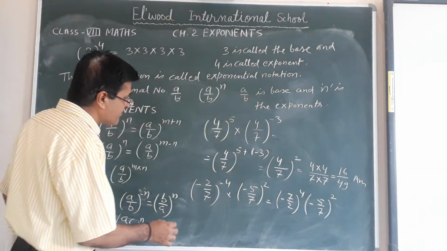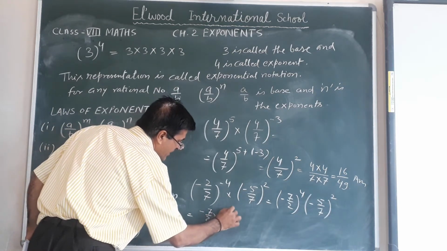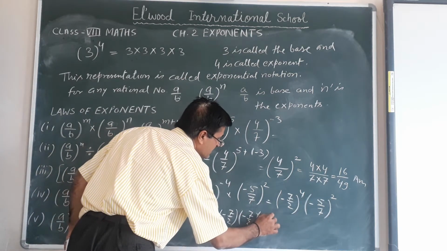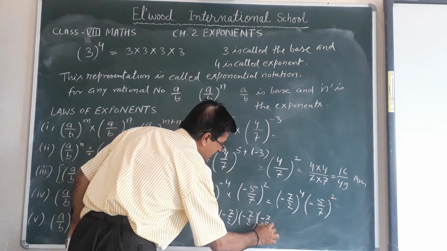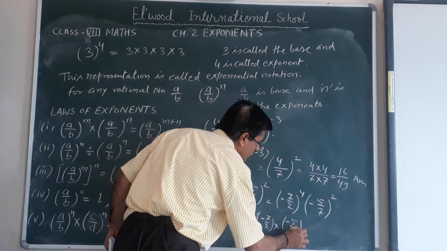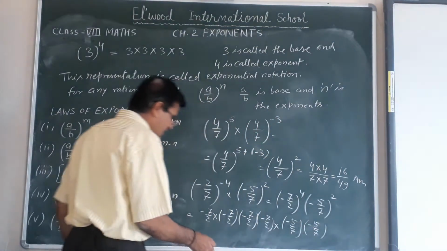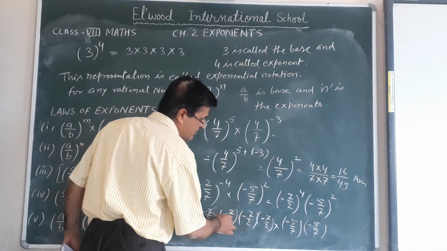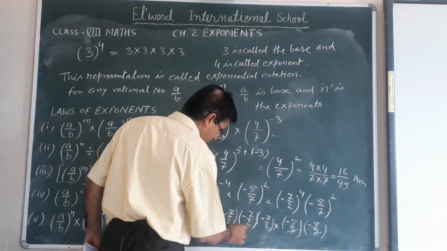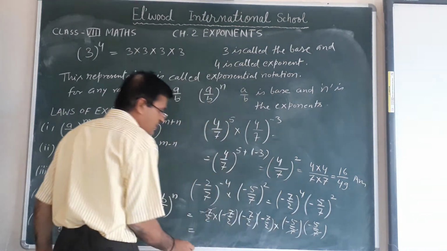So I will simply write 4 times minus 7 by 2, minus 7 by 2, minus 7 by 2 and minus 7 by 2. And here I will write minus 5 by 2, minus 5 by 7 multiplied by minus 5 by 7. So I can cut 7 two times here and multiply 7 into 7, 49, and minus 4 times will be plus, and total 6 times it will be plus.